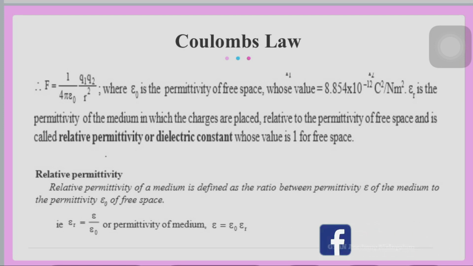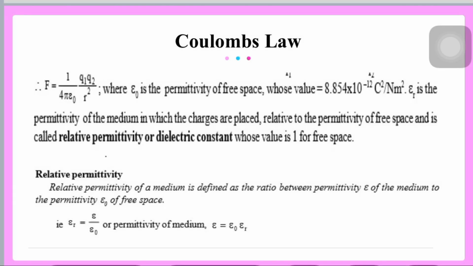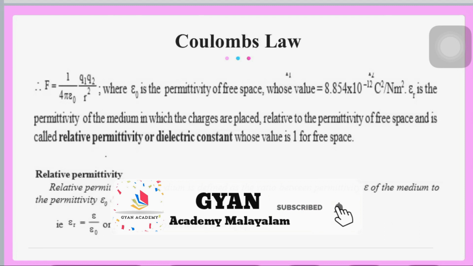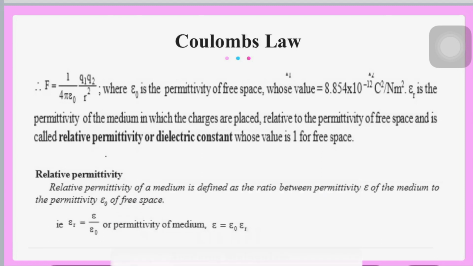As we know, the permittivity of free space is 8.854 into 10 to the power minus 12 Coulomb square per Newton meter square. This relative permittivity equation is really important: epsilon r is equal to epsilon by epsilon naught, or the permittivity of the medium in terms of relative permittivity is equal to epsilon naught into epsilon r.